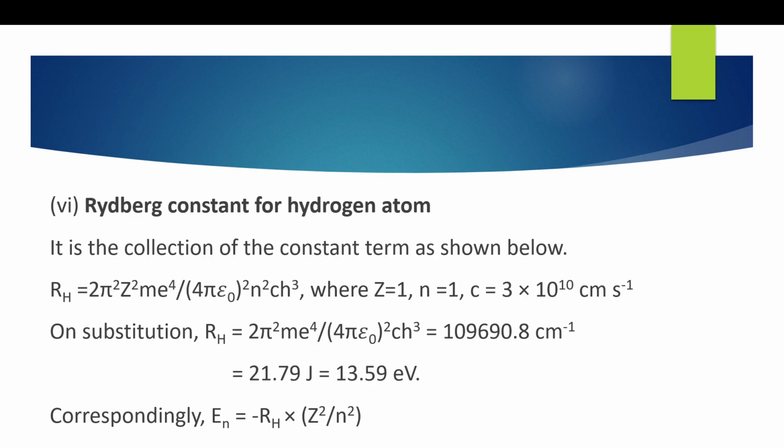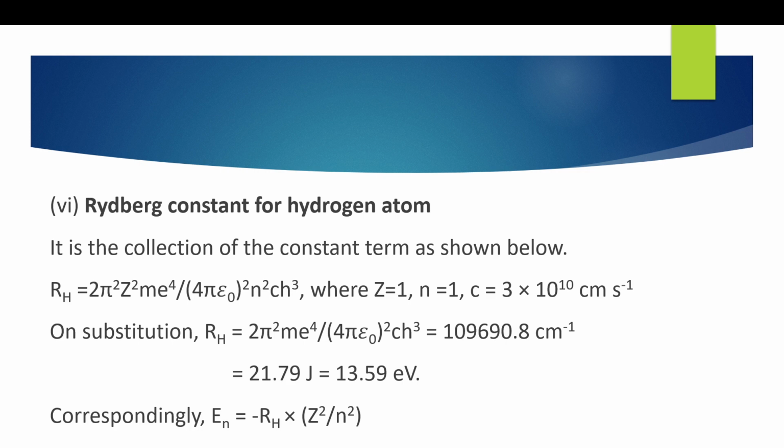Rydberg constant calculation. Rydberg constant is a collection of various constant terms, 2 pi square z square m e power 4 over 4 pi epsilon square c h cube and n square.